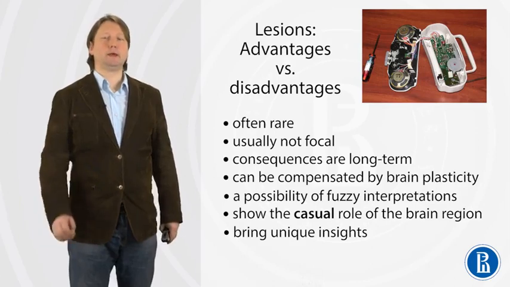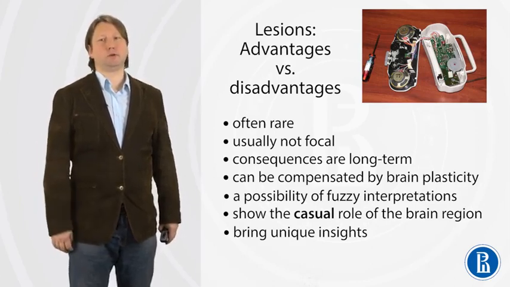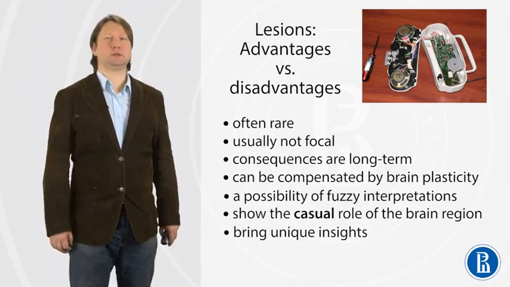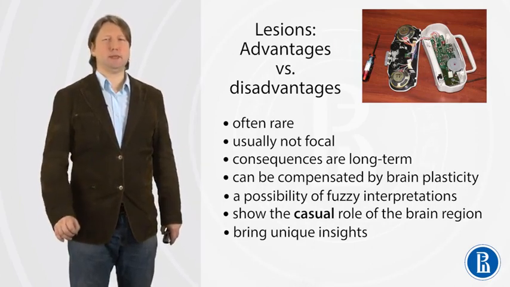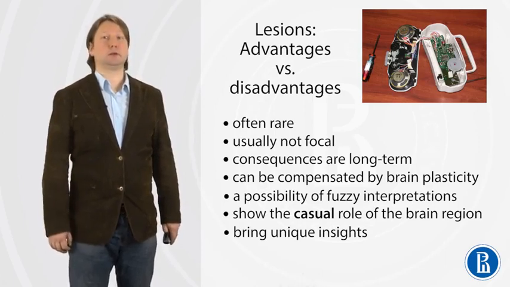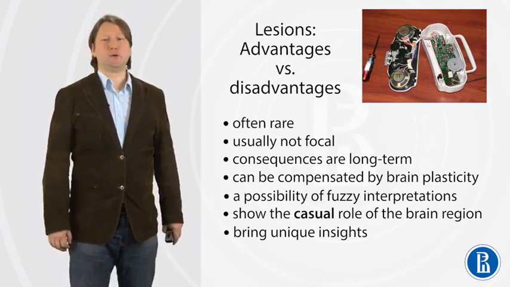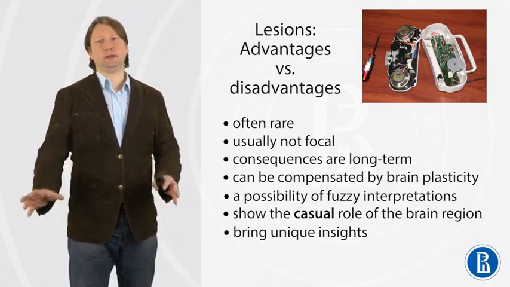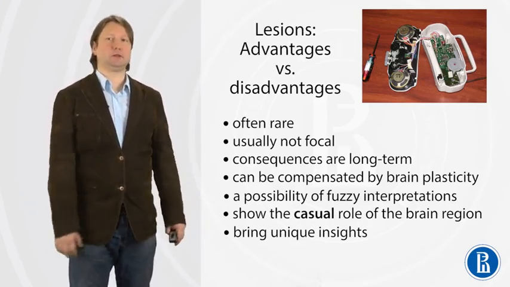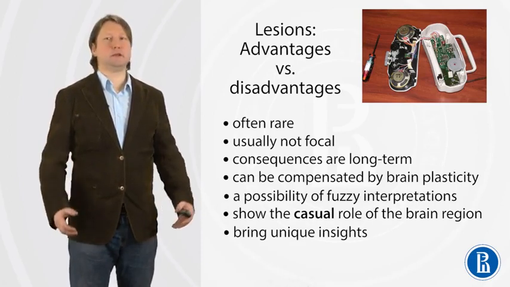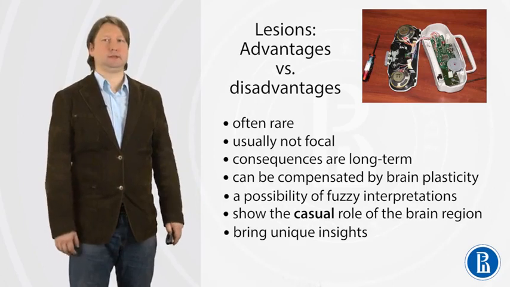In the same way, a lesion in a brain region can lead to a certain problem in the decision-making process, but it doesn't automatically mean that this brain region is directly involved in the decision-making process. But anyway, these studies show a causal relationship between the activity of a certain region and the decision-making process, and they give us very interesting insights.